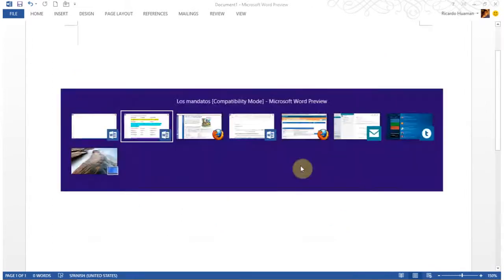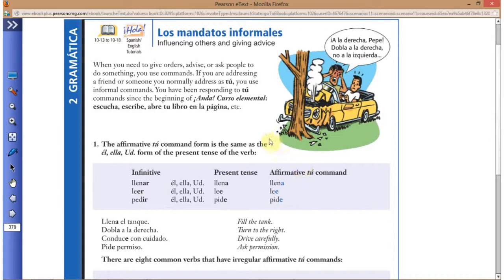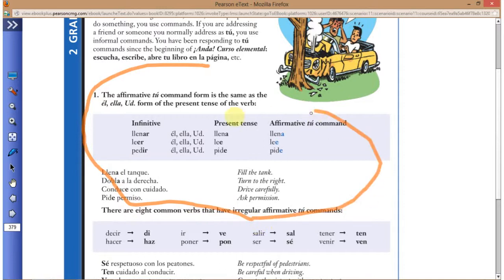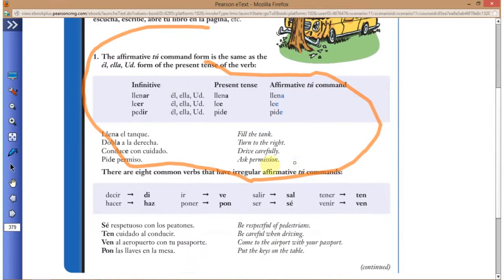This is what they call in math an outlier. Actually, this first form that we just saw is the outlier. This one's going to follow a different pattern, the pattern of A, E, E. And actually, we'll come back to this in a minute.